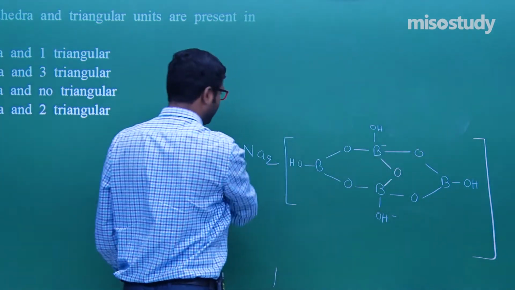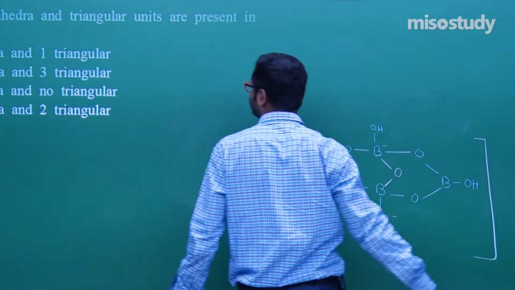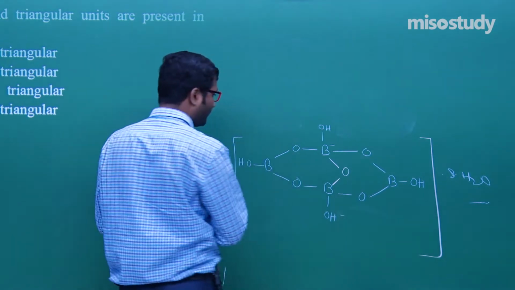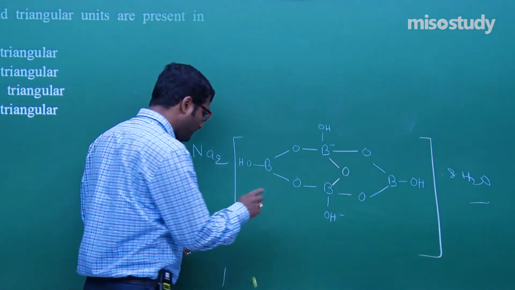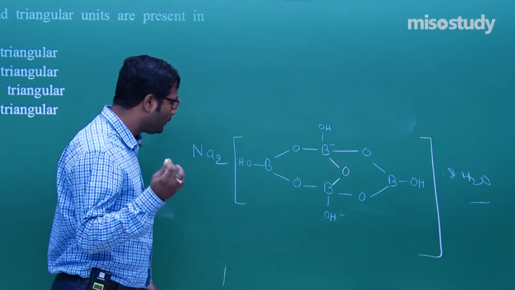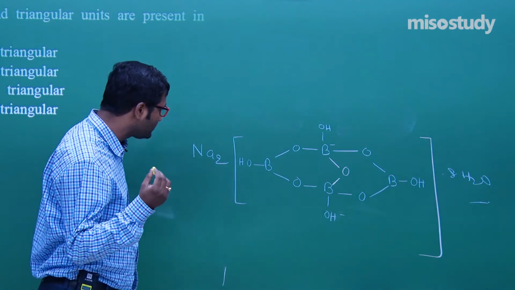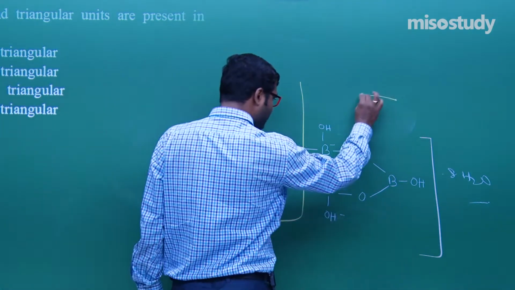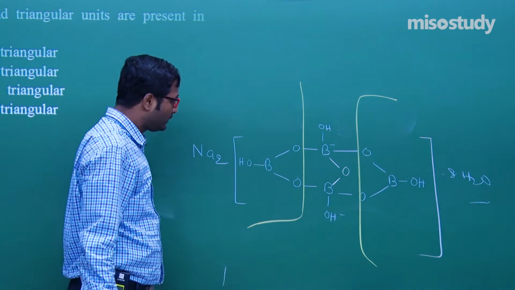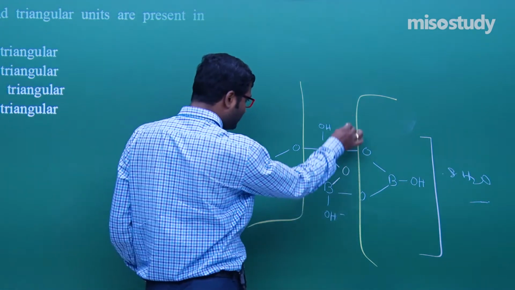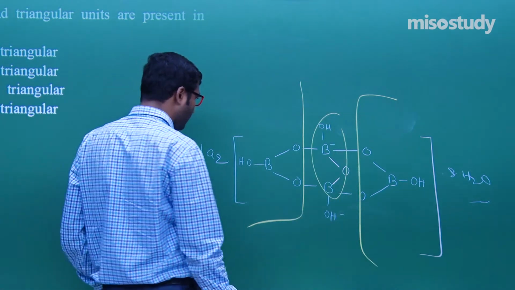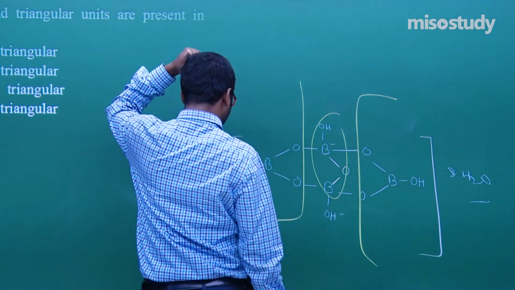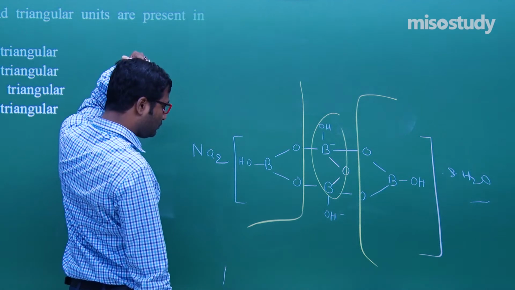Tell me, it's your turn, friend. So wait for a moment. Let me use the yellow chalk so that you can easily observe this. This part is 1 tetrahedra. This part is also 1 tetrahedra. So 2 tetrahedra. And this one is a triangular part. One more triangular, that is 2 here.